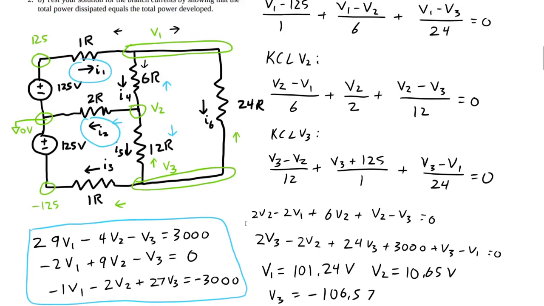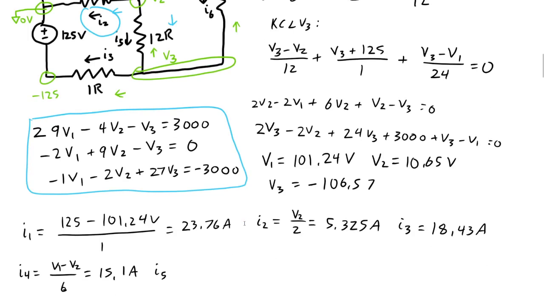I5 is V2 minus V3 over 12. So V2 is 10.65 minus a negative number is a plus, so plus 106.57 divided by 12. I get about 9.768 amps.